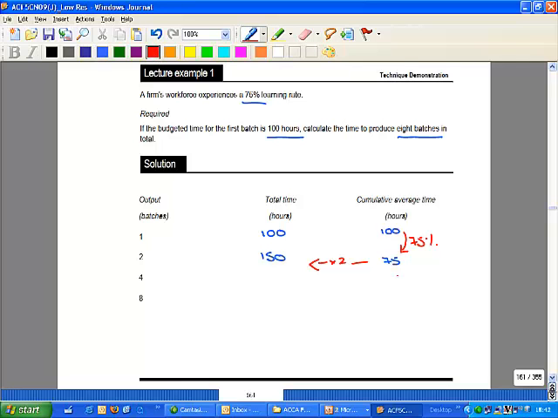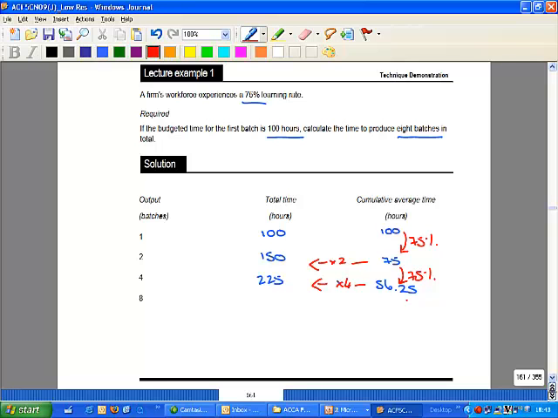When our output doubles again, it falls to 75% of our time. So at 4 batches, we're looking at 56.25. Again, to get the total time, we'd need to multiply that by 4, which would give us 225 hours.